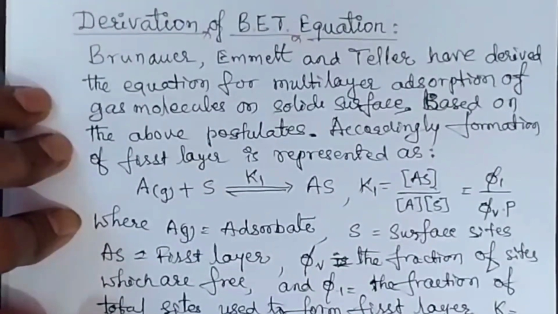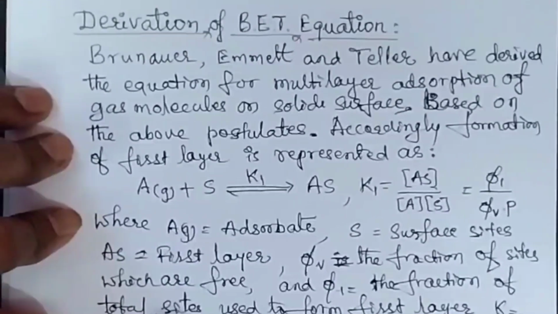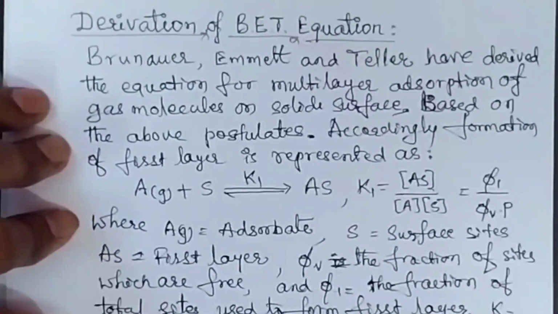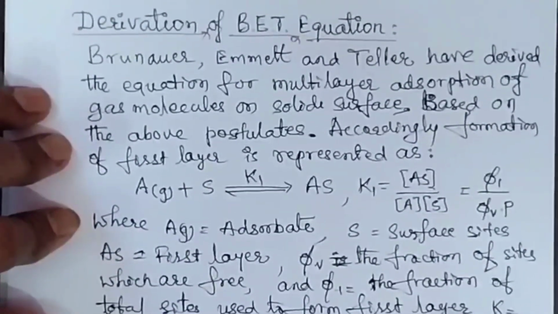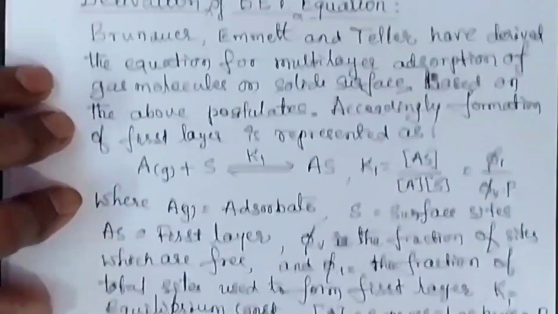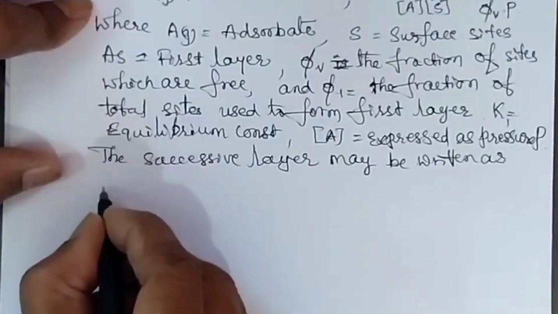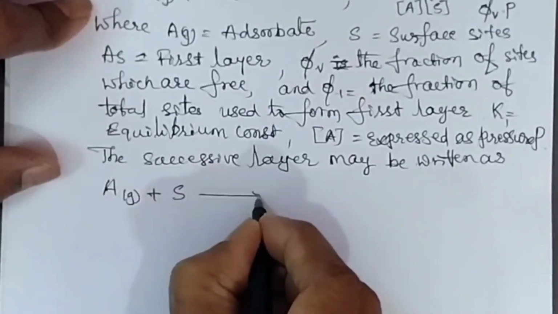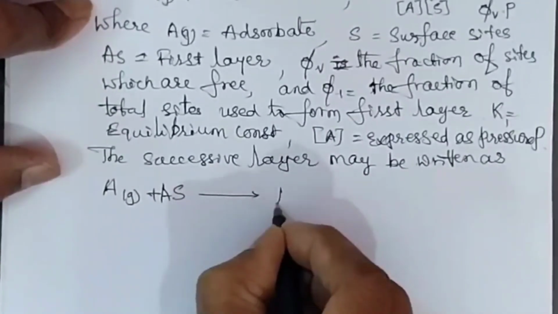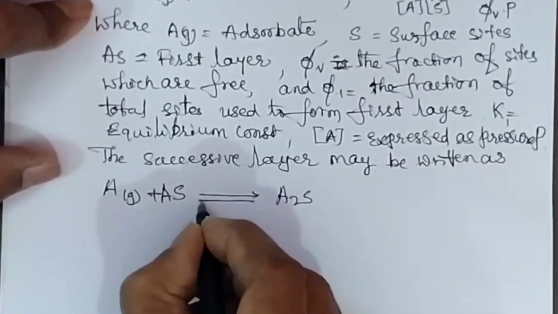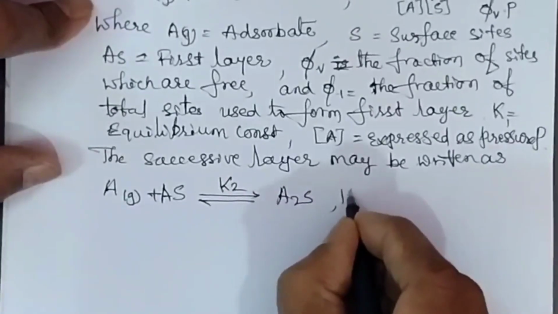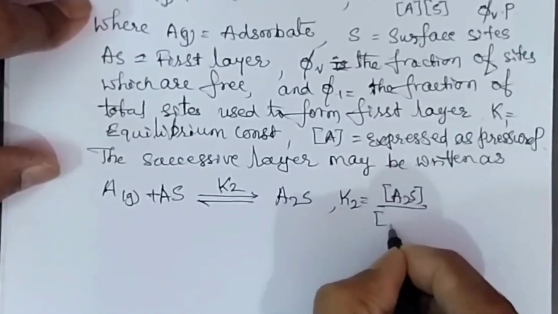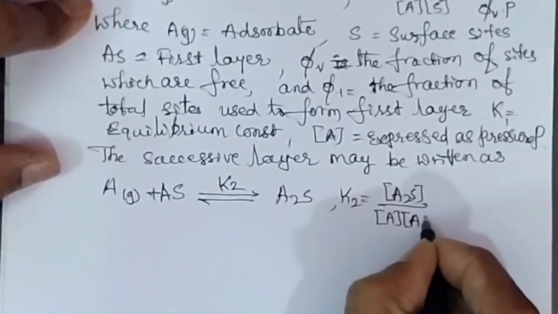For successive layers, the successive layers may be written as A gas plus S forms AS, A2S, with equilibrium constant K2, and K2 equals concentration of A2S divided by concentration of A into concentration of AS.